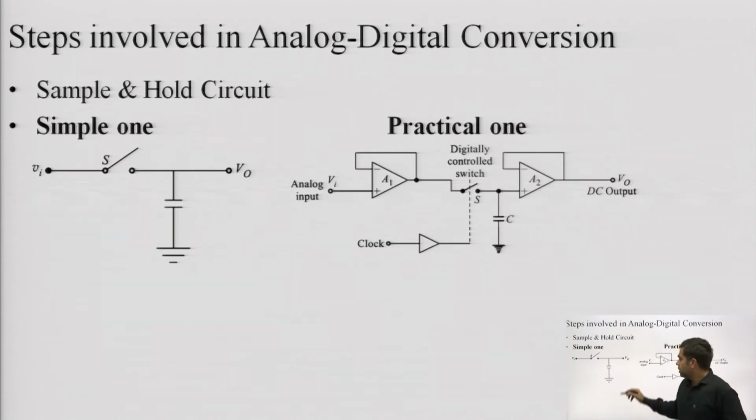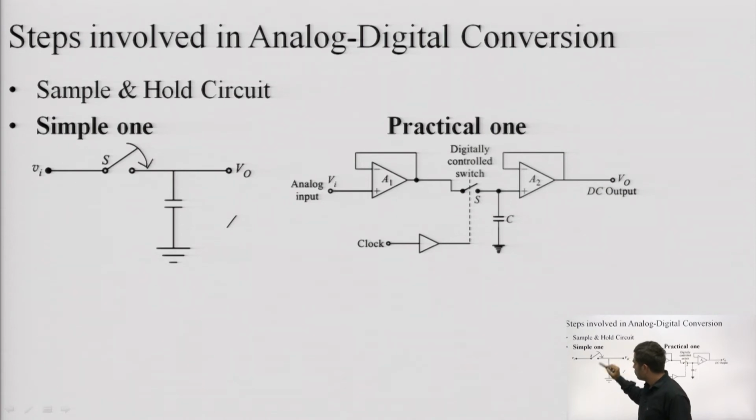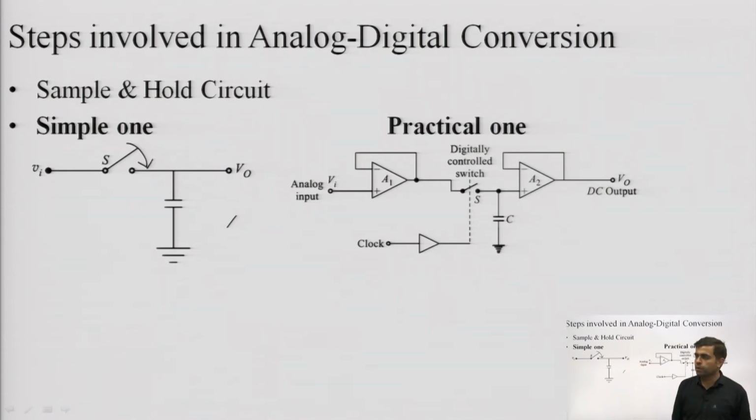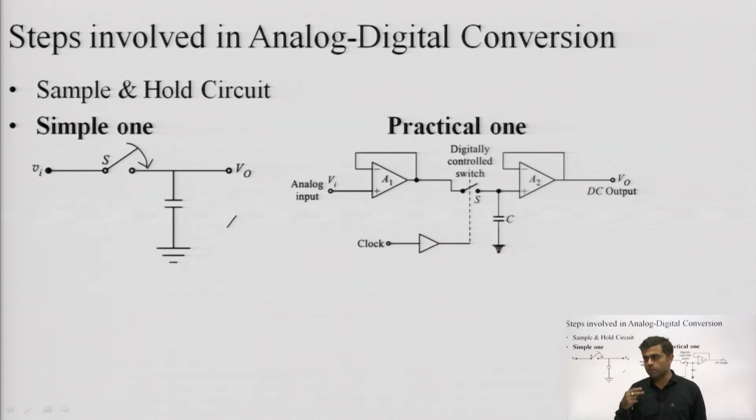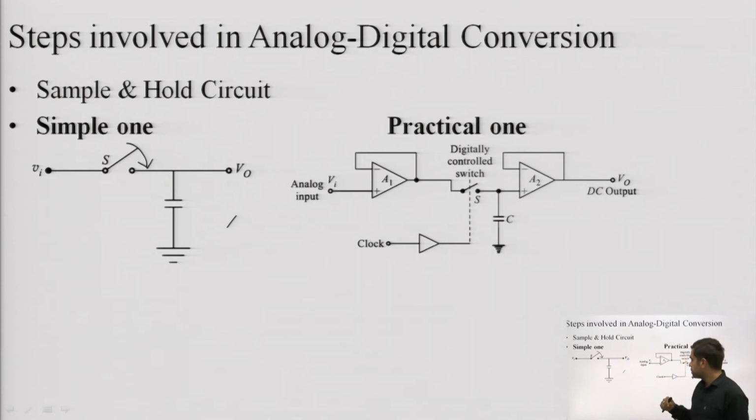This is the basic sample and hold circuit, in which this switch will decide the sampling time. The faster the switch closes and opens, the more samples will be taken. So the faster the switching speed, the greater the number of samples. The lower the switching speed, the fewer the samples.